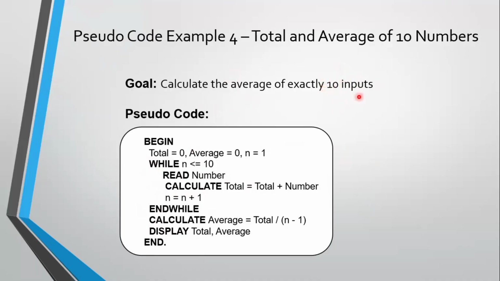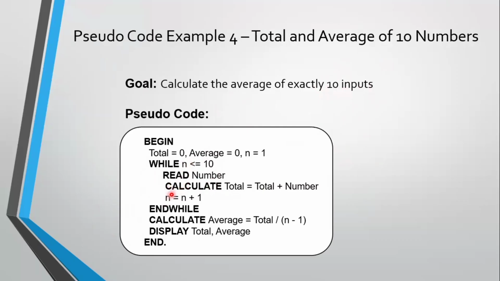There are 10 inputs, right? It is the given instruction. So we use a counter called n. N is a counter to count how many times we considered the inputs.